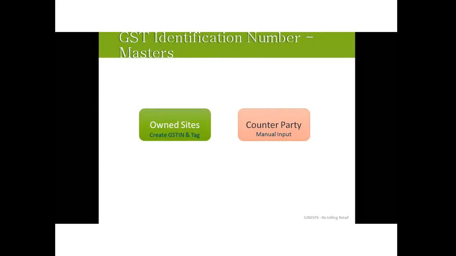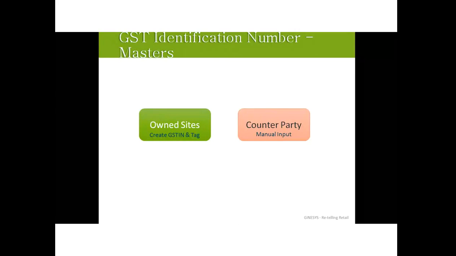Now, we will discuss the GST identification number. Definitely for every state, you must have received a unique GSTIN number, as per the presence of your stores or branches in each state.